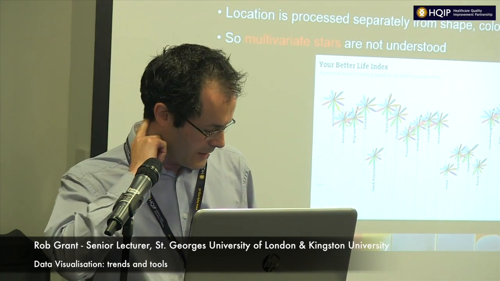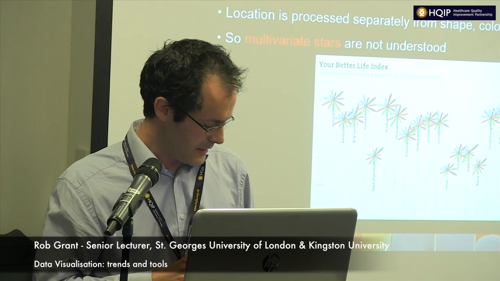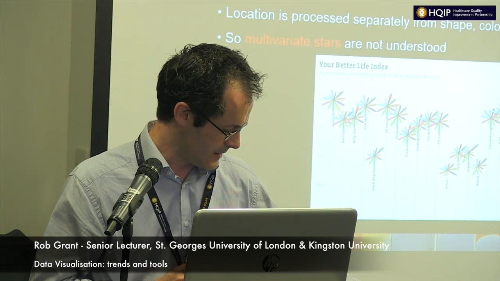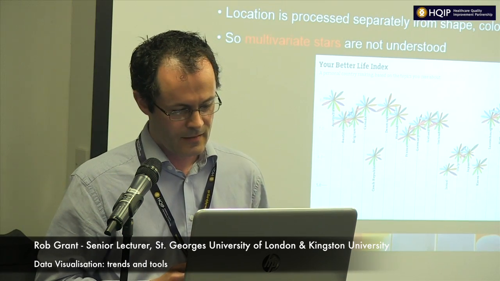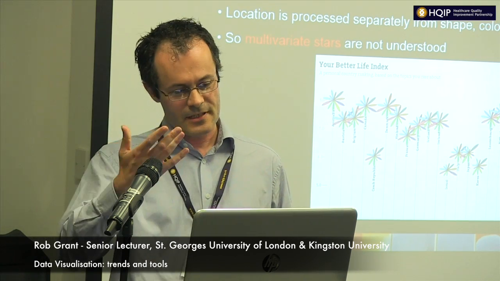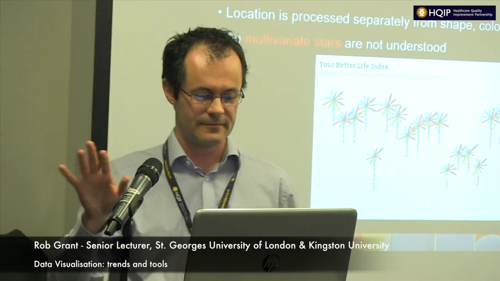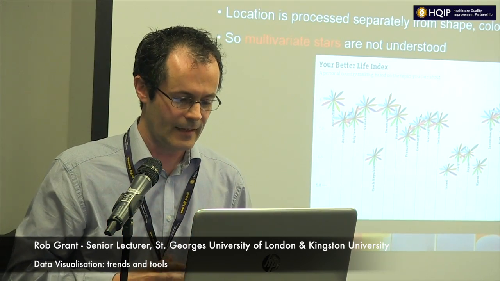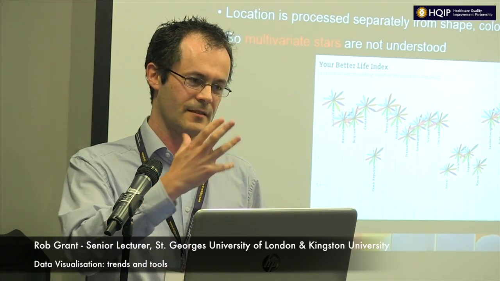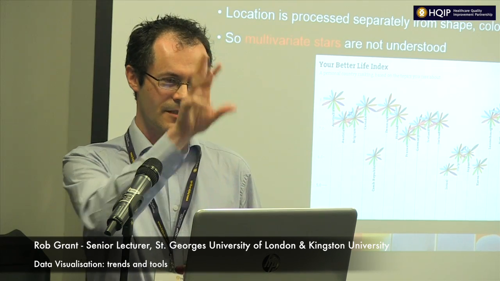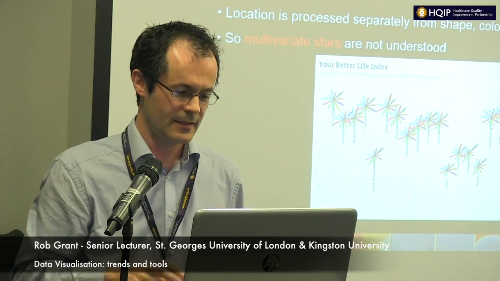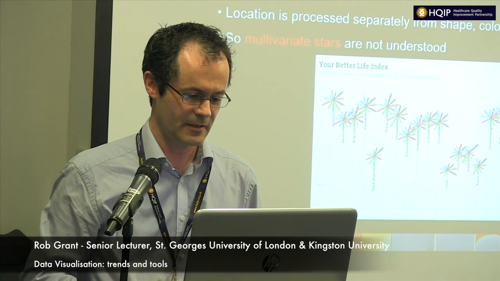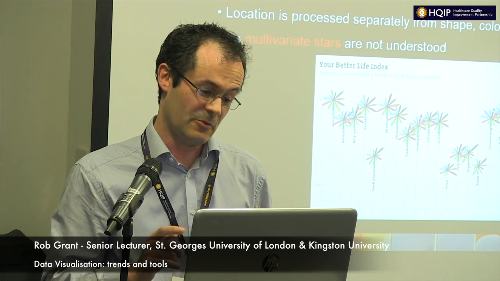One thing I picked up from a book which I recommend in the handout, Design for Information, is that your brain processes the location of stuff through a completely different set of connections than it processes the shape and color of the object. So you've got this position of things, and I guess that's how you spot the tiger that's creeping up on you in the jungle, or not.